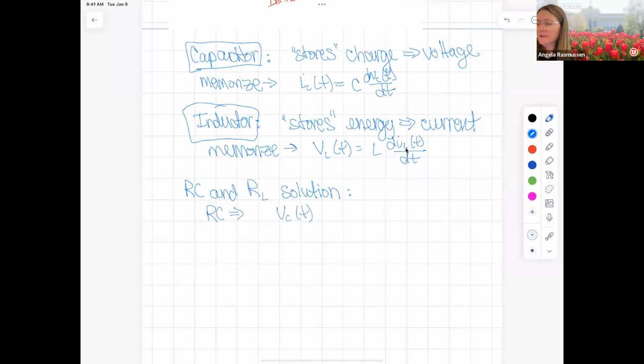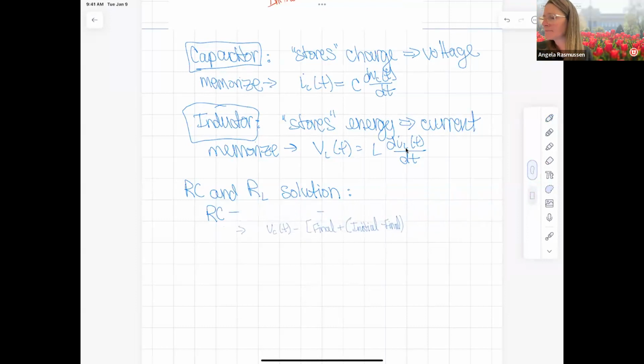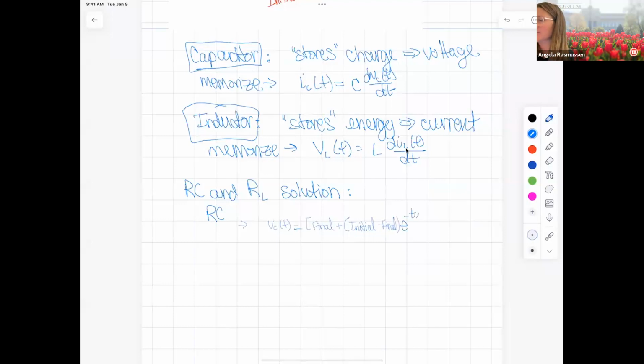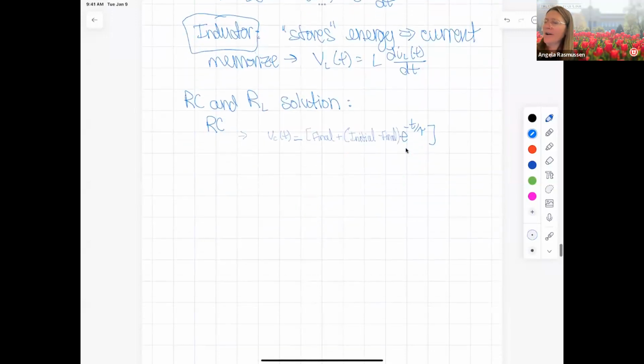It solves for VC of T, and it has the form of final plus initial minus final, E to the minus T over tau. And for RL, it was IL of T that it solved. And again, it was final.